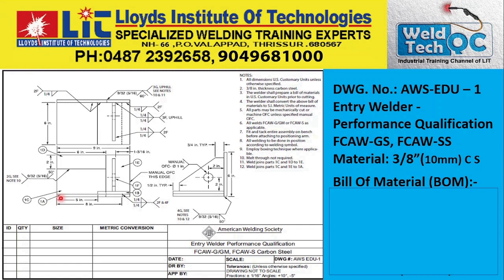The size of 1A: here you can see 8 inches is the breadth. If you want to find out the length, you have to go to the top view. In the top view, it is given as 6 inches. This plate is up to here, 8 inches, and this is 6 inches.